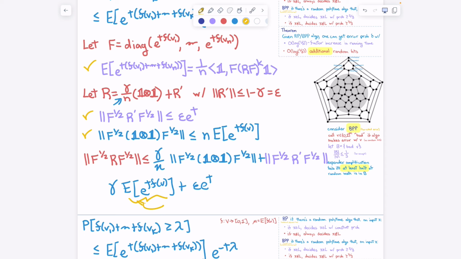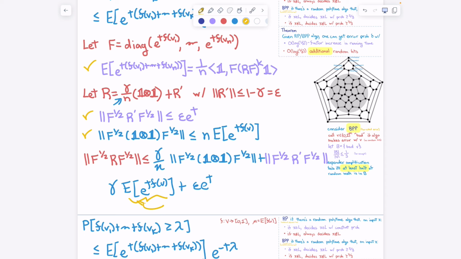Now, e to the x is not exactly 1 plus x. It's always greater, but what I really want is e to the x less than or equal to 1 plus x plus something. You know that e to the x is exactly 1 plus x plus x squared over 2 plus x cubed over 3 factorial plus x to the fourth over 4 factorial. If x is small, at most 1, the higher terms go to 0 very fast.